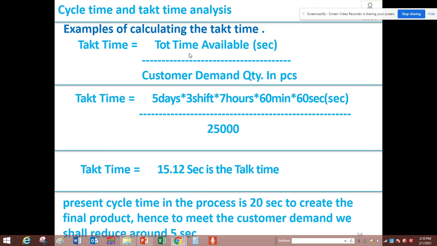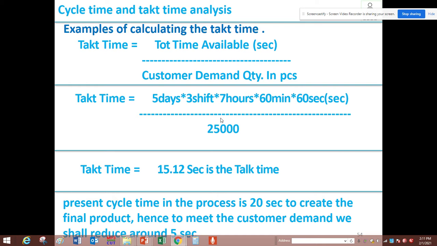So in that case, 5 days is the given time for us, and in 5 days my company runs three shifts, first, second and night, and every shift I work for 7 hours, and per hour 60 minutes is available, and 60 seconds per minute. So I'm converting the entire days into seconds.